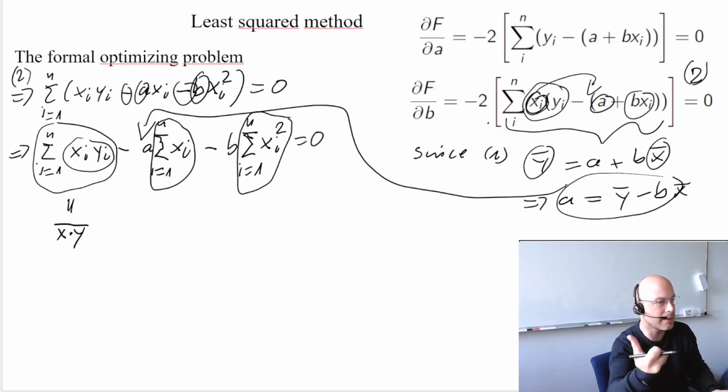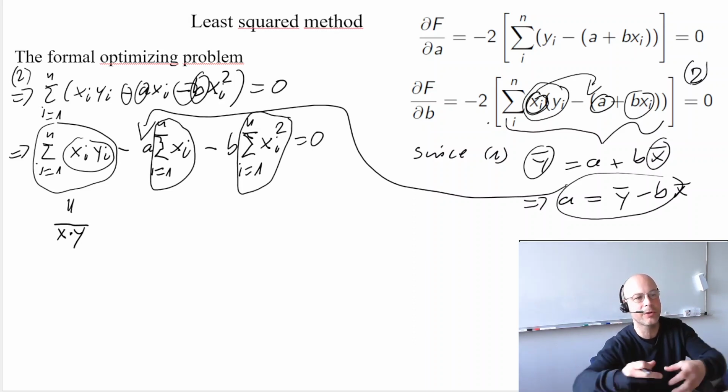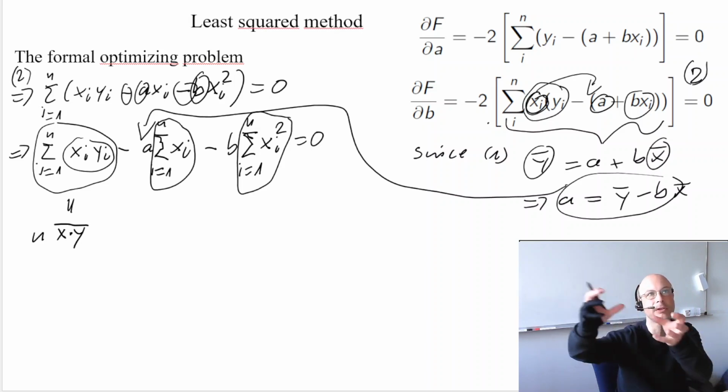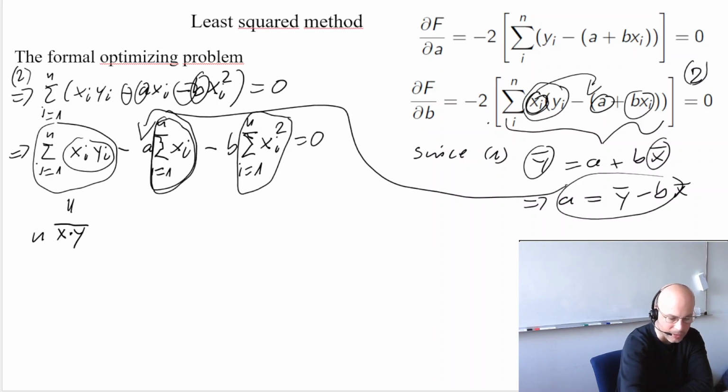This is a new data point. x2 times y2 is a new data point, and from this new variable, you should take just the arithmetic mean. So n times the arithmetic mean of a new variable x times y. This is again just n times x bar.